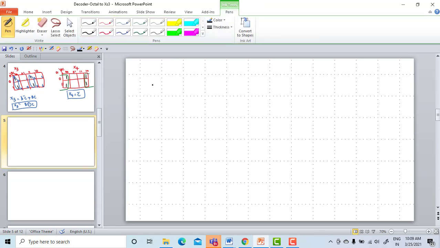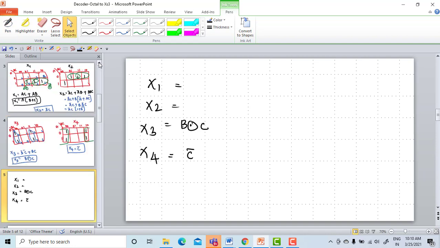Let me write x1, x2, x3, x4: x4 is C bar, x3 is B XNOR C, whereas x1 is A into B plus C, and x2 is A bar C.